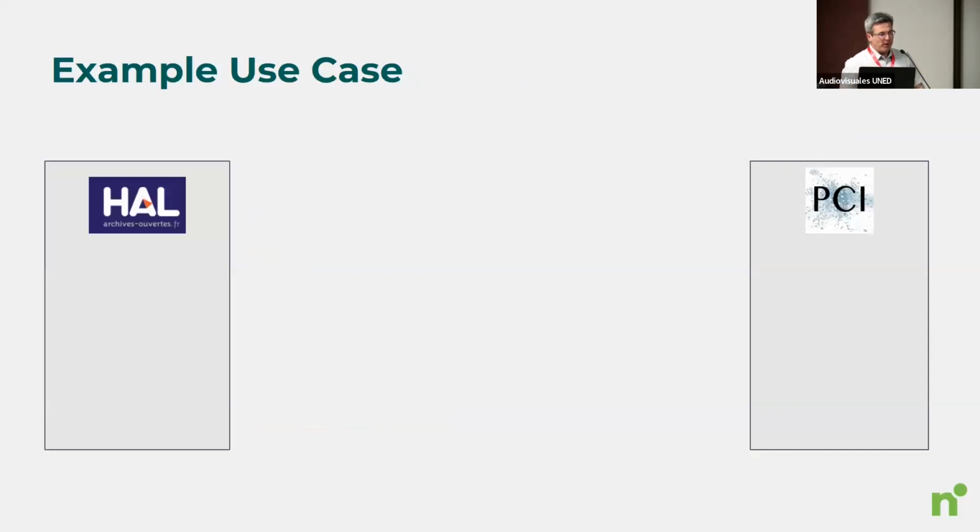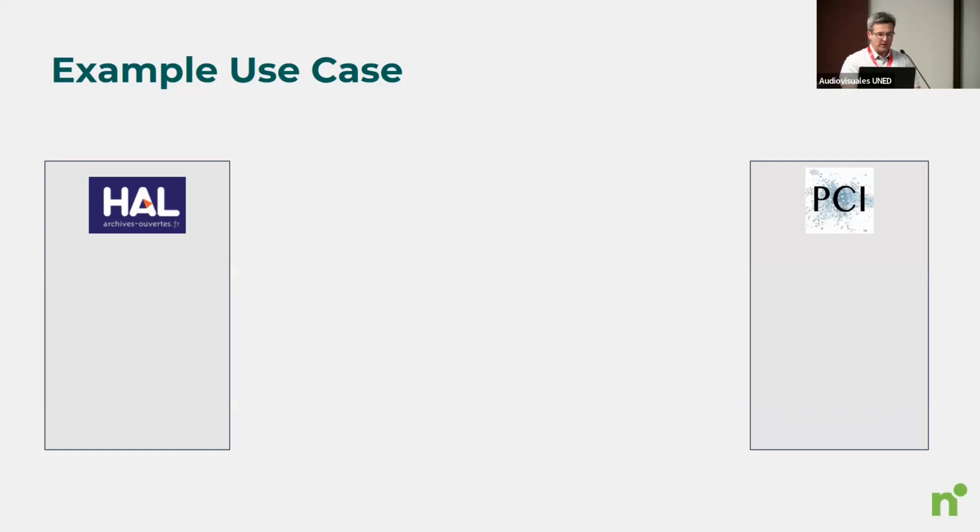All right. So by means of a simple use case, let me explain how messages can be sent back and forth between entities and what that means in terms of the value that we're adding to the scholarly communication landscape. So let's assume I have my HAL repository on the left-hand side and my PCI service that provides peer reviews on the right-hand side.